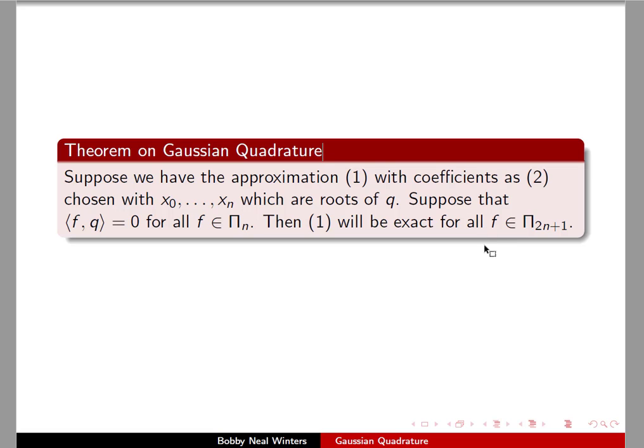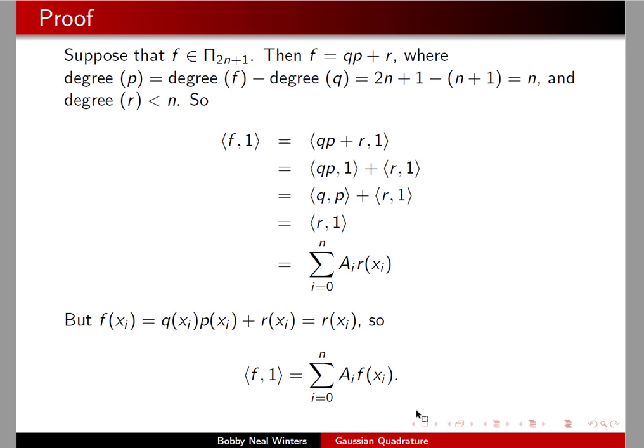So we get twice and then one more. So this is good, provided you can find your polynomial q. And so let's prove it. This is something that we can actually prove nicely.